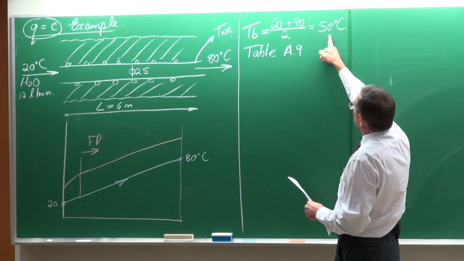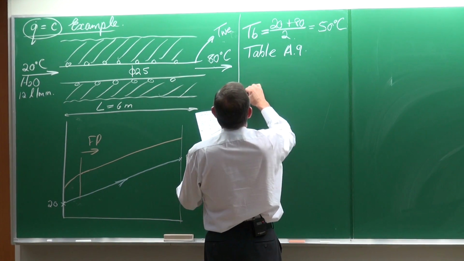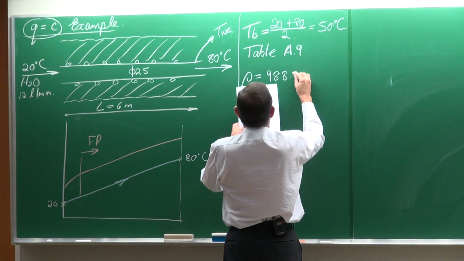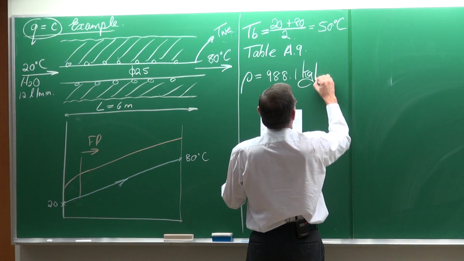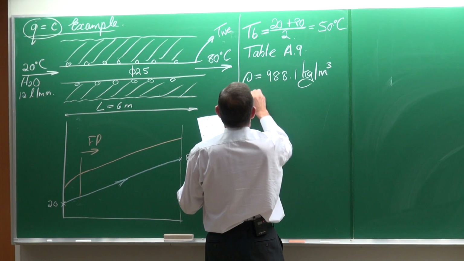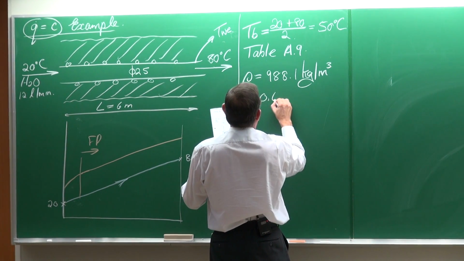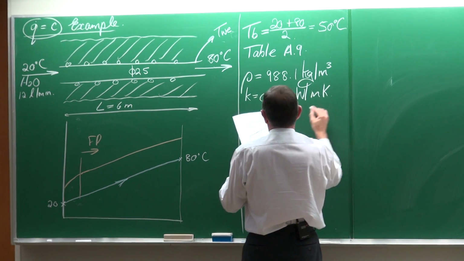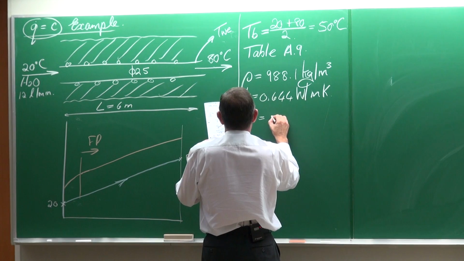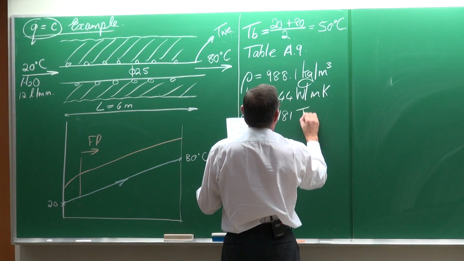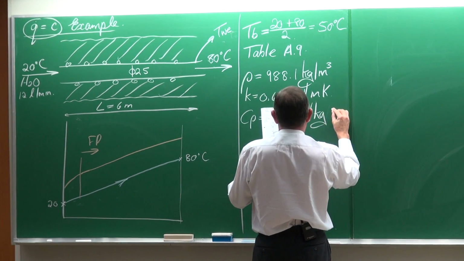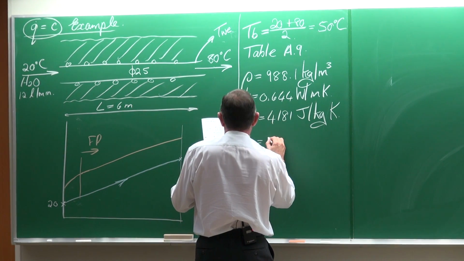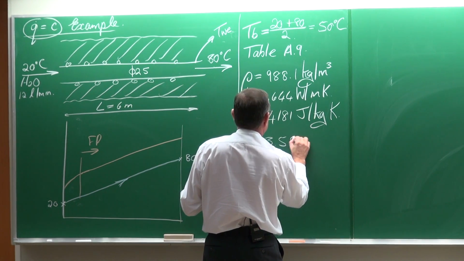Table A9, at a temperature of 50 degrees Celsius, we can get the density of the water as 988.1 kilograms per cubic meter. The thermal conductivity k is equal to 0.644 watts per meter Kelvin. The Cp value is equal to 4181 joules per kilogram Kelvin, and the Prandtl number is equal to 3.55.